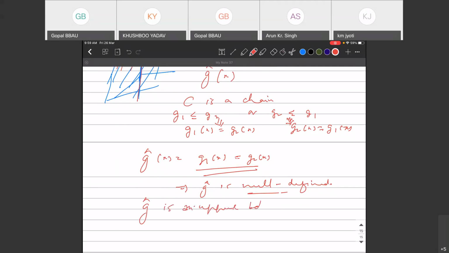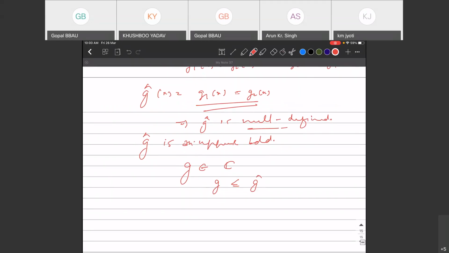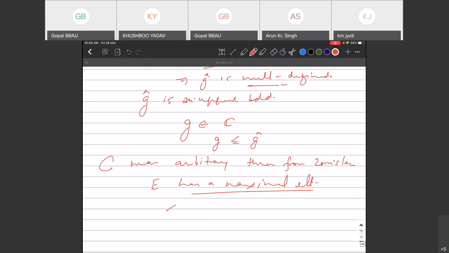And this G head is an upper bound. Why? Because you take any G in C, G is always less than or equal to G head. Correct? This C was arbitrarily chosen. So from Zorn's lemma, E has a maximal element, say F tilde.